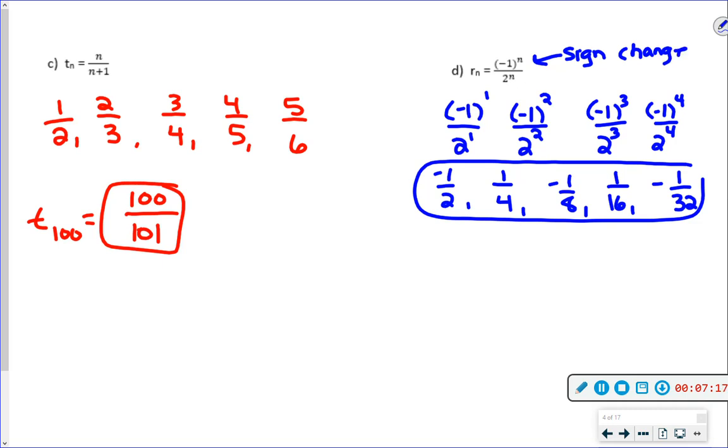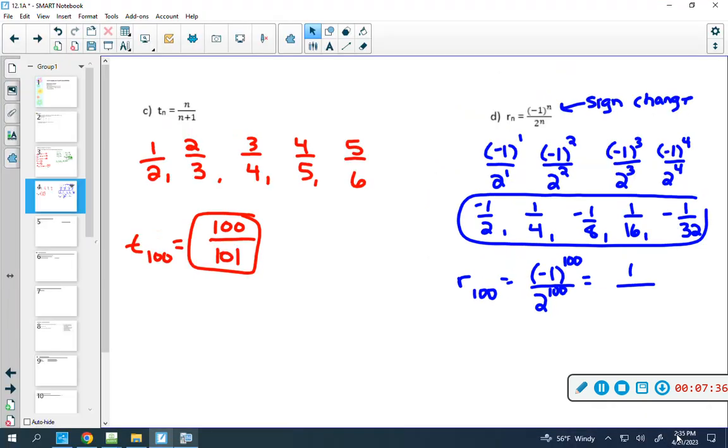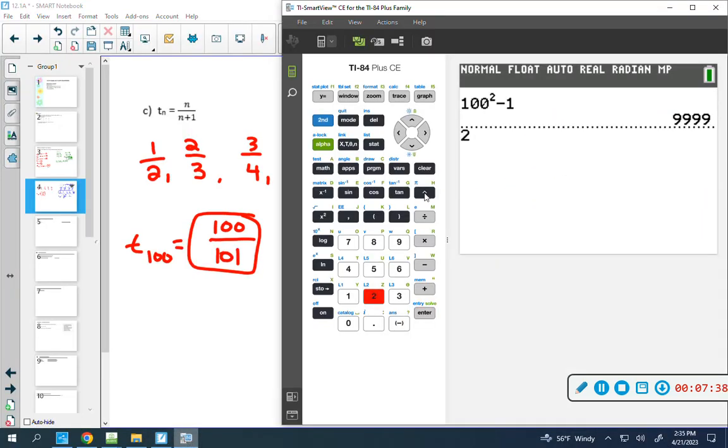All right, they want the 100th term, so let's do that. Negative 1 to the 100th over 2 to the 100th. It's a positive 1, since 100 negatives gives a positive. Type in 2 to the 100th. Big number. Now, what does the E mean? Power of 10.